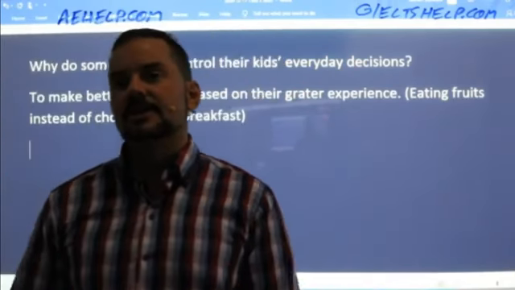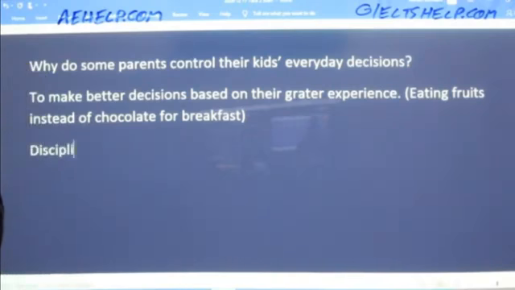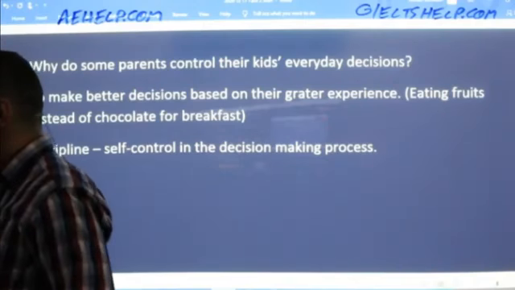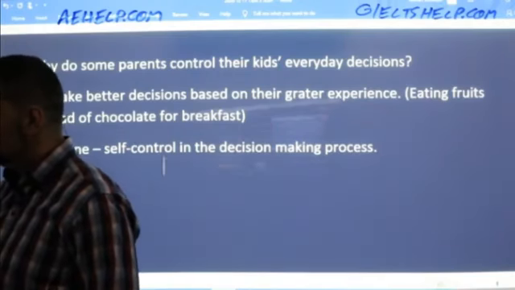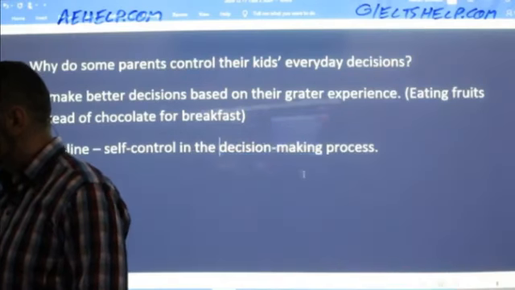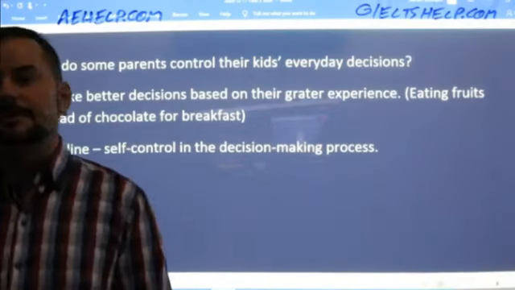So we still have better decisions, okay? Abhishek says discipline, which can also be self-control in the decision-making process. Okay, fair enough. All right.